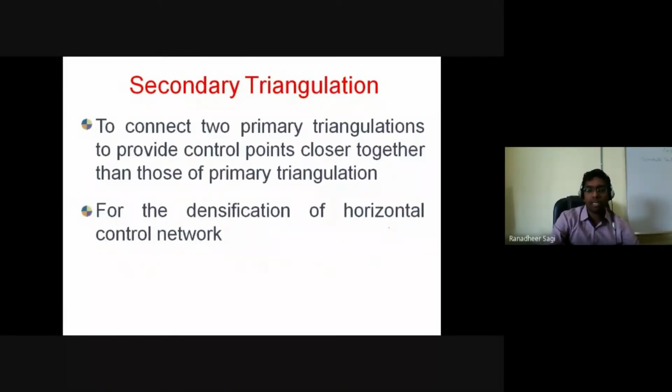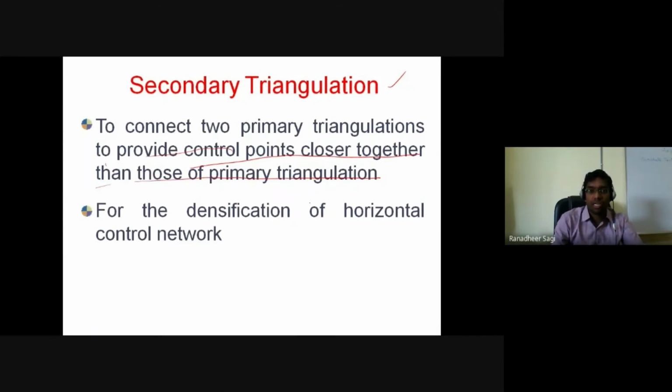Now, when it comes to your secondary triangulation, as I told you, the purpose of this secondary triangulation is to connect two primary triangulations. It could be two primary triangulation stations or primary triangulation network systems. To connect them, you are going to have what is called your secondary triangulation done. Subsequently, the purpose is to provide control points closer together than in your primary triangulation.